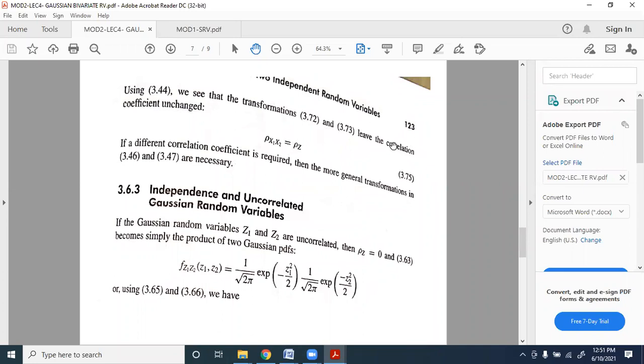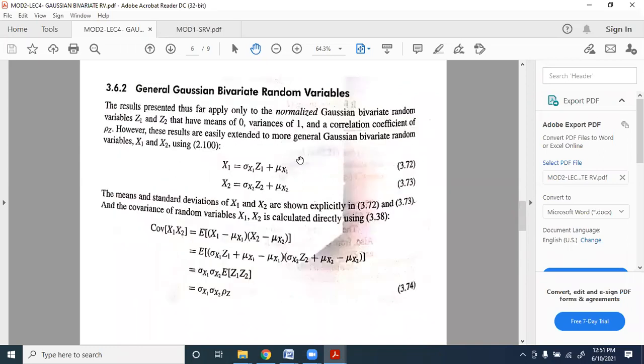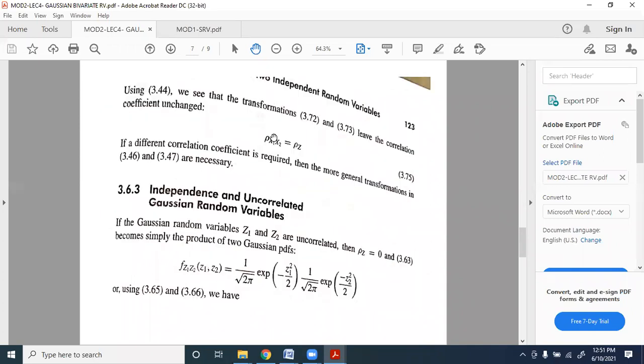So the correlation coefficient will remain unchanged, and rho X1, X2 is equal to rho Z. So this rho Z will be equal to rho X1, X2 itself.